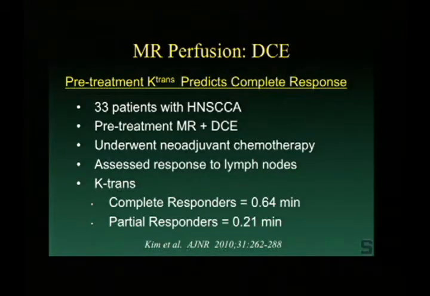You can use this transfer constant, and that's been used to try to, in this particular case, use pre-treatment transfer constant to predict response. So this was a paper, again, that was published out of Penn, 33 patients with head and neck cancer. They all underwent perfusion and diffusion contrast enhanced imaging. They measured the K-trans, and what they found was the following.